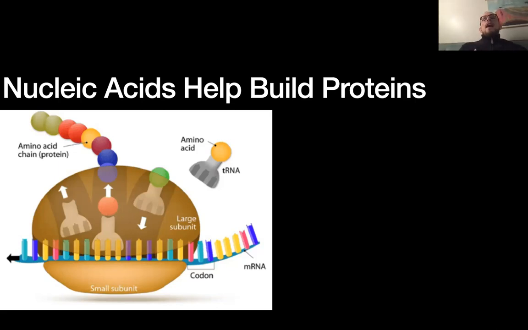And finally, we have these long chains of amino acids produced, which form proteins, which do all of the chemical reactions and help with the enzyme actions that we usually associate with living things.